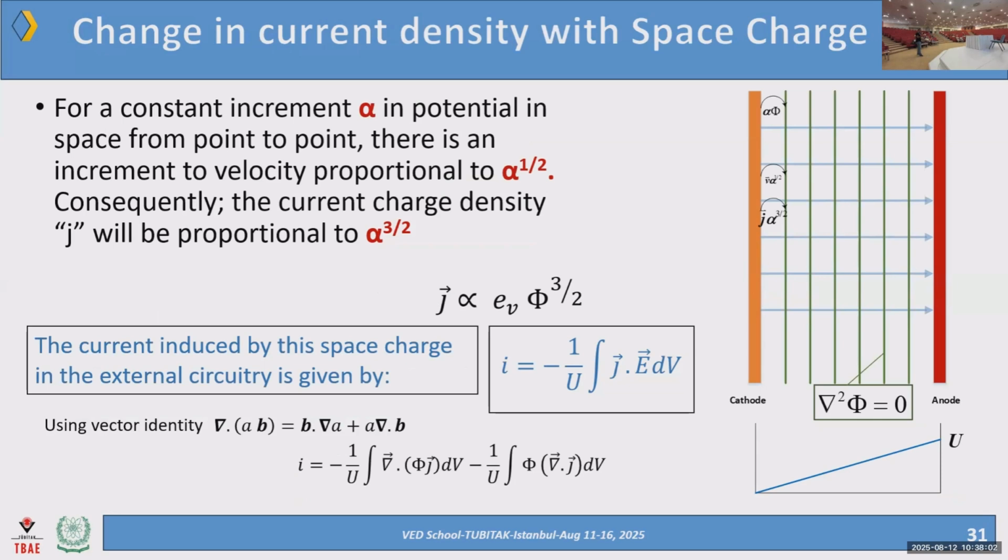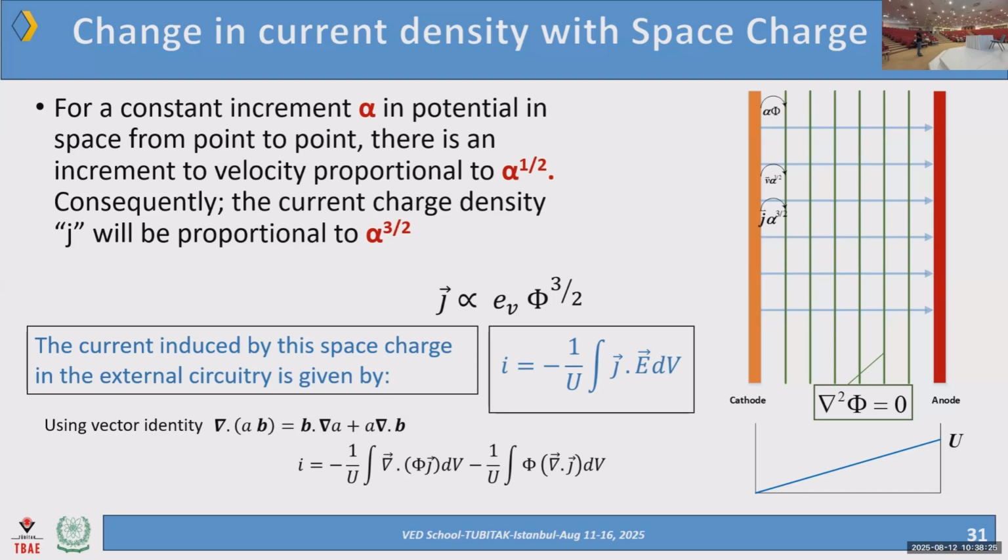Of course, this is higher potential, and as we go to the other electrode, the potential value is different. If, for example, from one point to the other, the alpha is the increment, then the velocity is incremented by the square root of this particular constant, and J is basically altered with this thing.